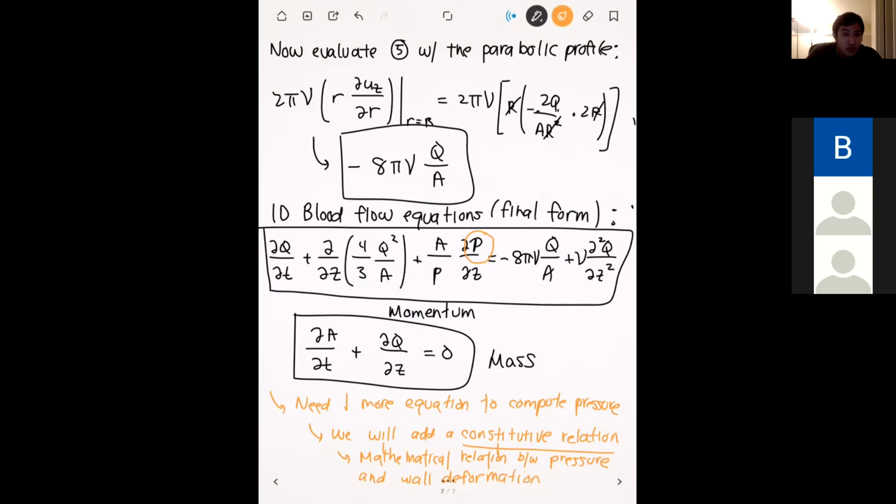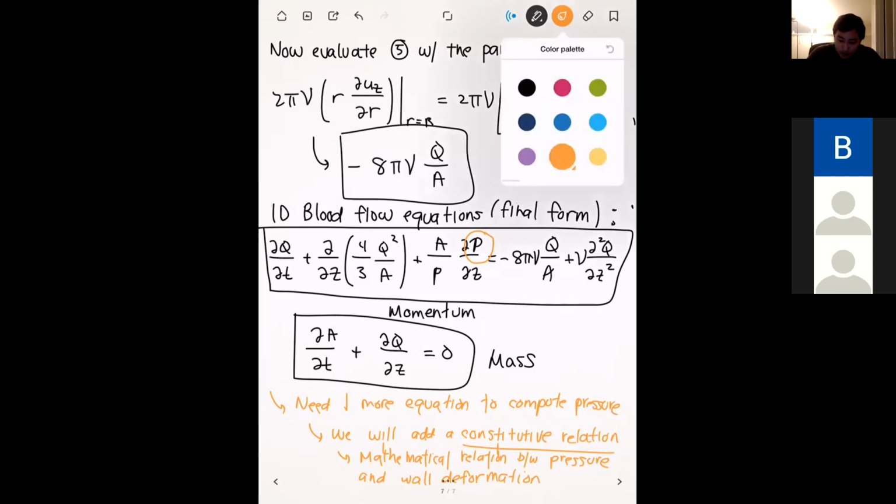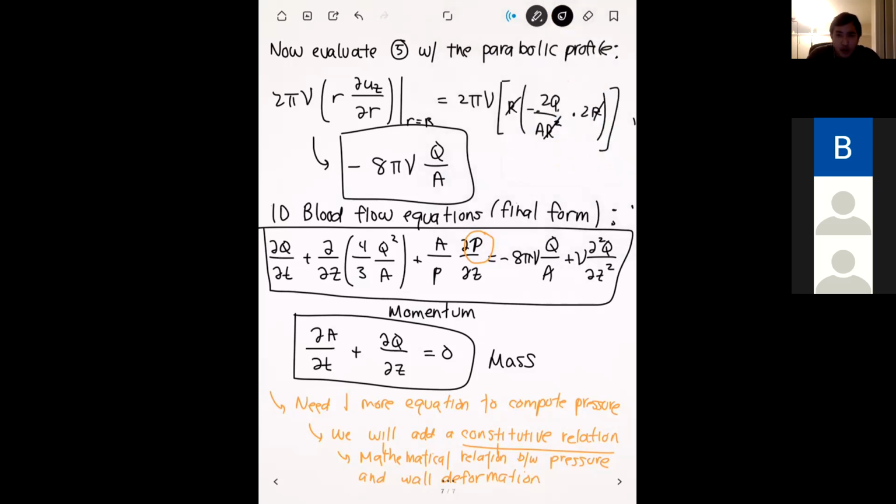There are a couple of different types of equations that we can use, because different researchers have found different constitutive relationships, and all of these are valid. We'll go over two, just so that you can see what they look like, and I'll point out which one is actually implemented in the code that we'll go over later. Any questions on this?